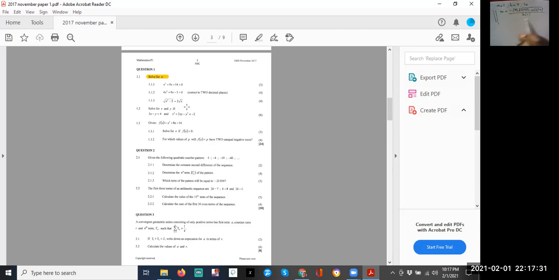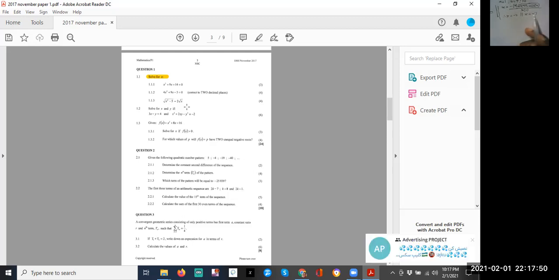Now our a is 1. Therefore, if you punch it into your calculator, the first will be minus 2, and the second will be equal to minus 7.